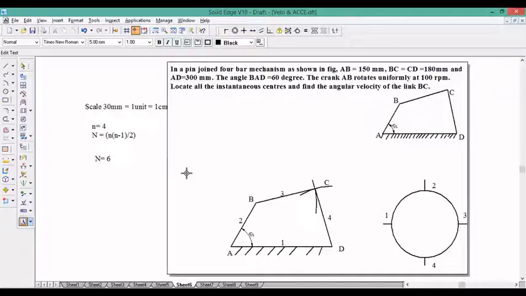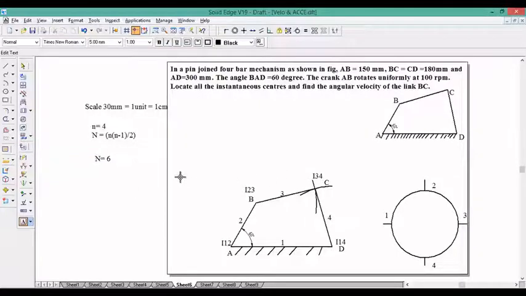By inspection itself, we can say the instantaneous center I12 is at point A, that is a fixed point, and I14 is also a fixed instantaneous center, and I23 will be at point B, which is a permanent instantaneous center, and I34 is another permanent instantaneous center.